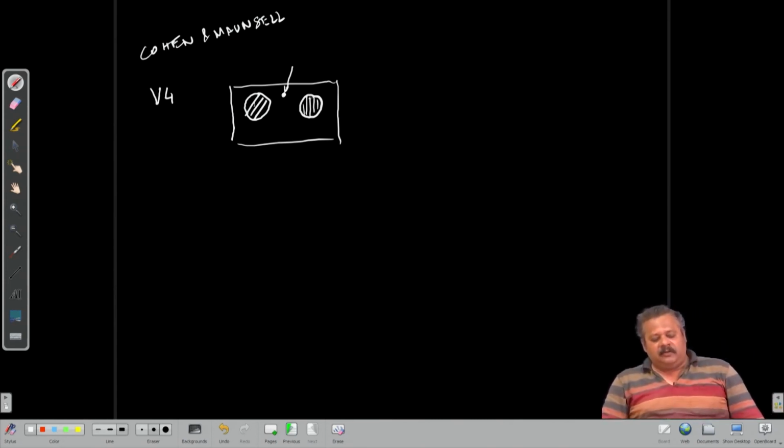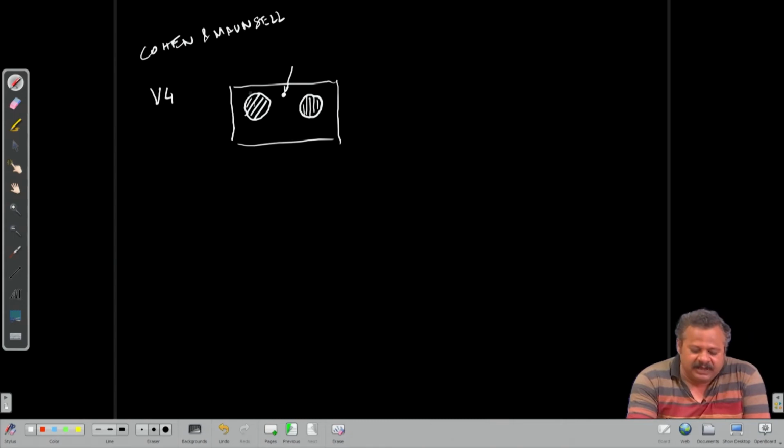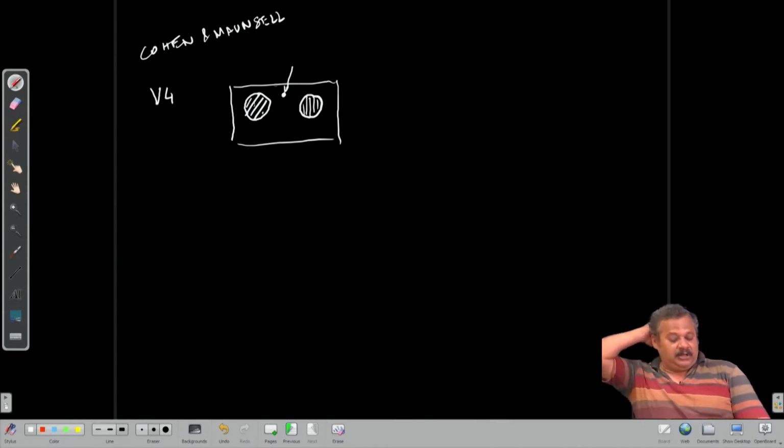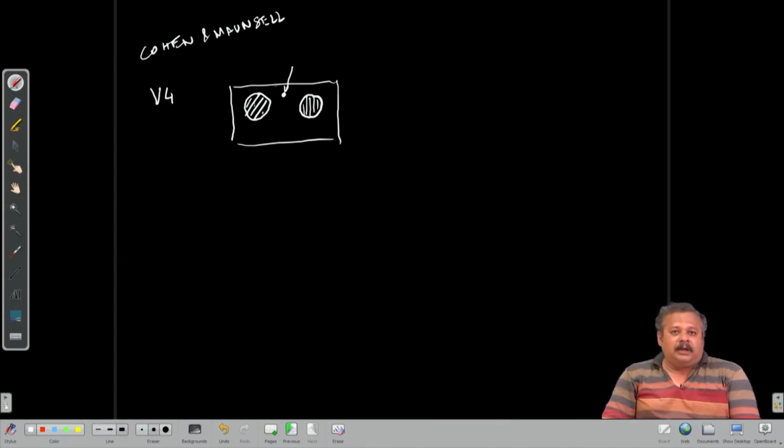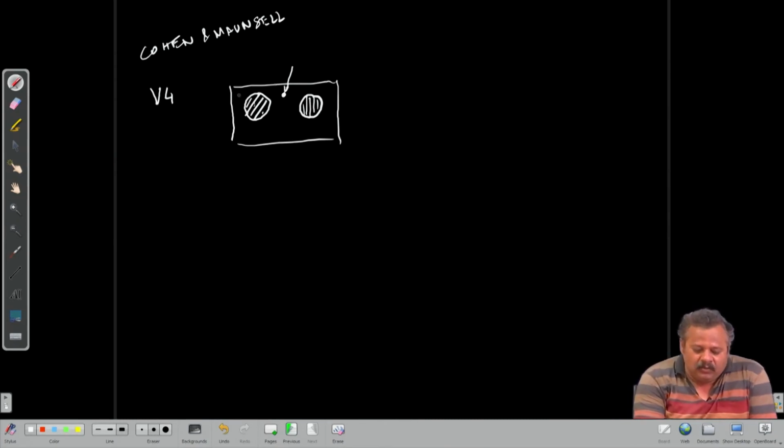They can be of the same orientation, or may not be of the same orientation, but the animal is cued to pay attention to one particular grating of the two. So, the monkey is cued by some blinking to pay attention to the left side, and then the image disappears, there is a gray screen.